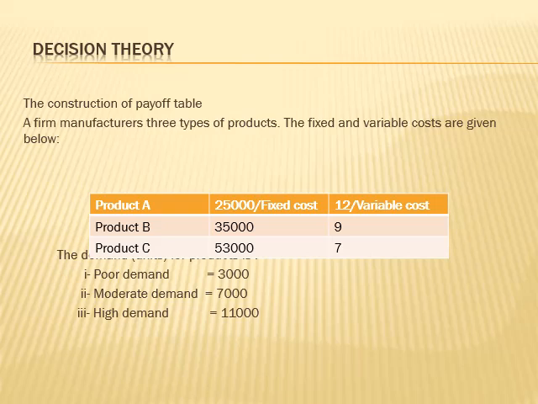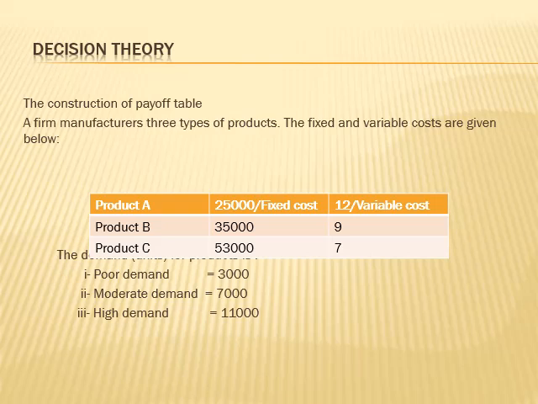Now, each product faces three levels of demand: poor demand, moderate demand, and high demand.